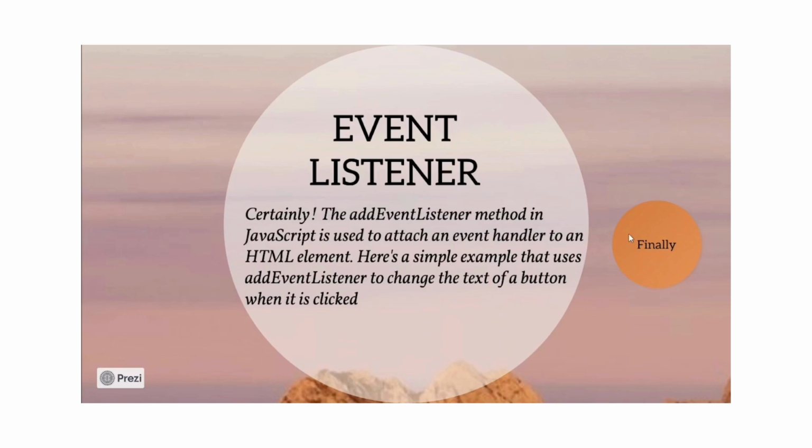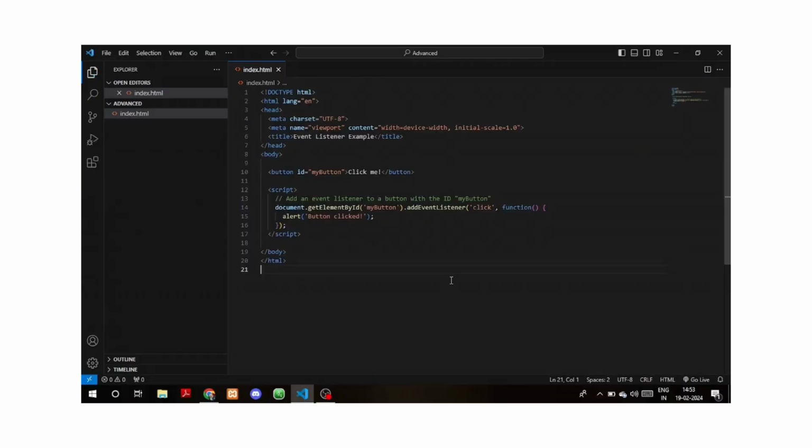Now I open my HTML file. Here I write a small code by using the event listener topic. I title this as event listener example. Now I create a button. That is my button, and it contains the text click me. Inside the script tag I write the JavaScript event, that is the event listener.